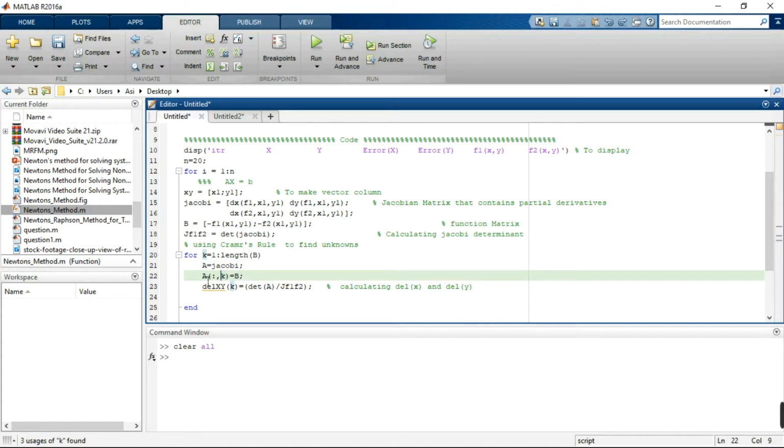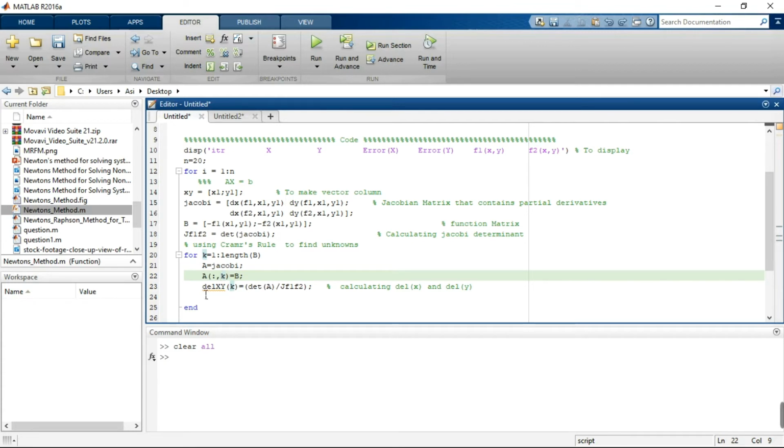When k is equal to 1, this will replace the first column of the Jacobi matrix with b, and when k is equal to 2, it replaces the second column of matrix A, to calculate del x and del y.